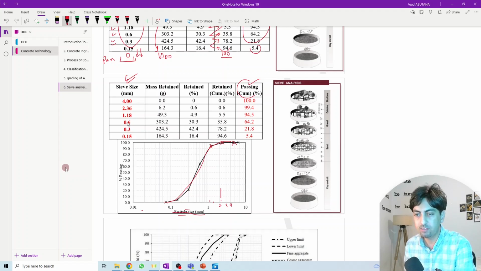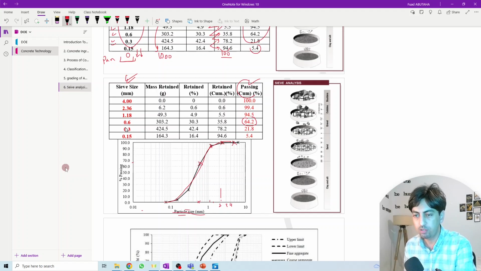Then we have 0.6. What is 0.6? This is 0.1, this is 0.2, 0.3, 0.5, 0.6. So this is 0.6, and it will go up to the value 64.2. This is 60, this is 65, so 64 will be somewhere here. If we go here, we get this dot.